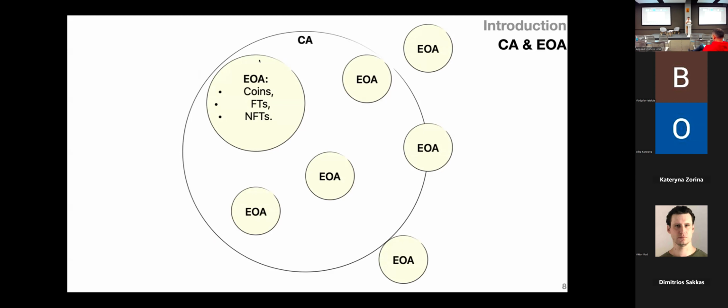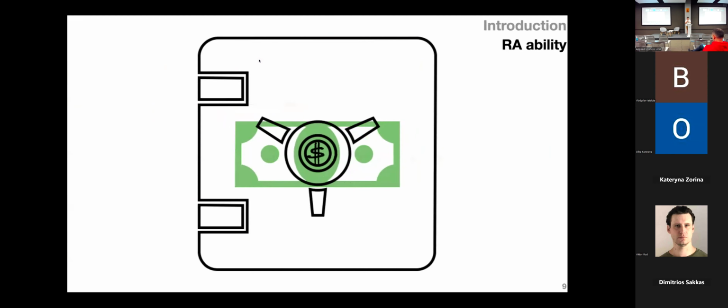Their assets can have significant value. That's why it is crucial to ensure the security of contracts. One of the most dangerous types of attack is the reentrancy attack. It is characterized by its ability to completely drain a vulnerable contract.